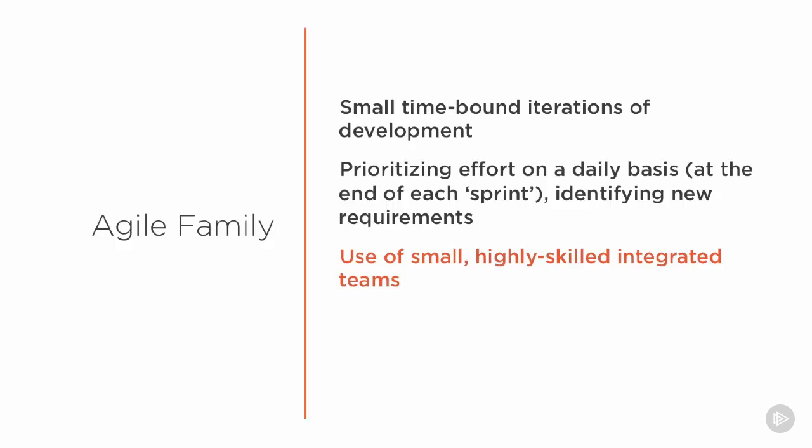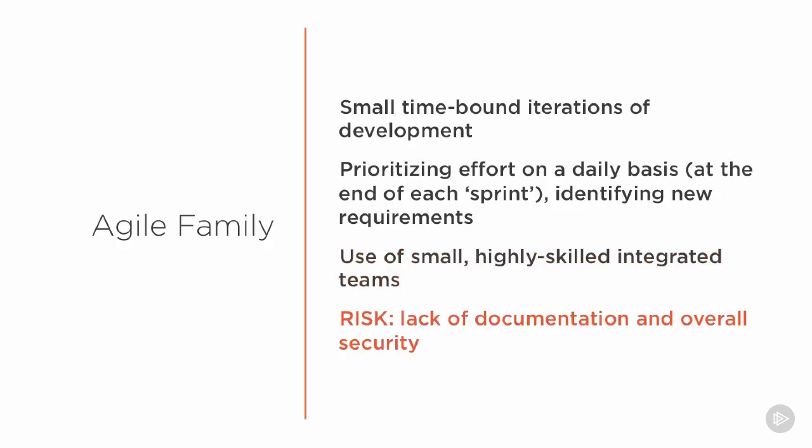So instead of being a very drawn out process with often poor communication, we have an integrated team that works together. Now, there are risks with Agile. The risk that in some cases, well, if each individual unit is good, will they still be secure if we bring them together? Where's the documentation?